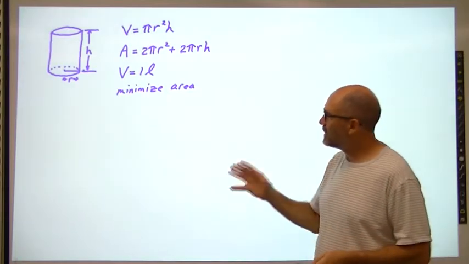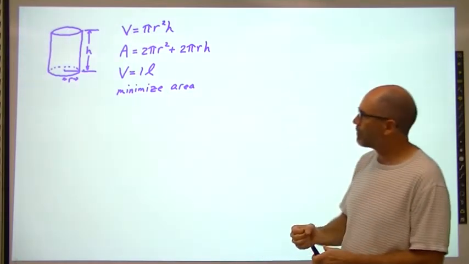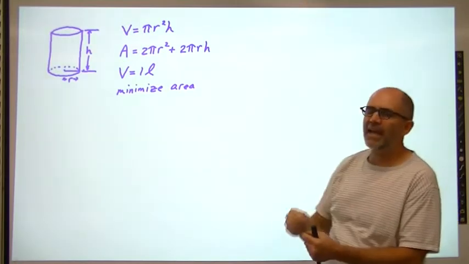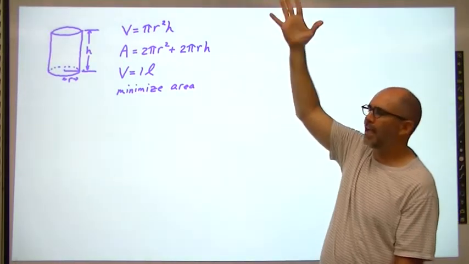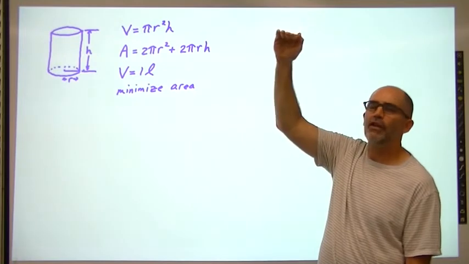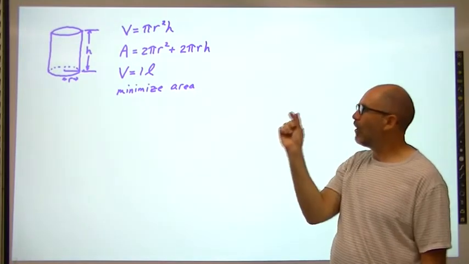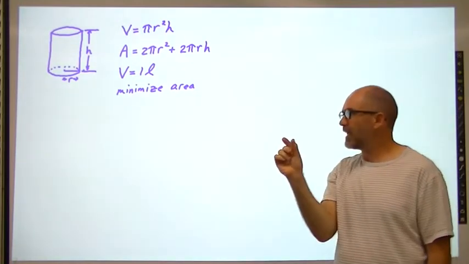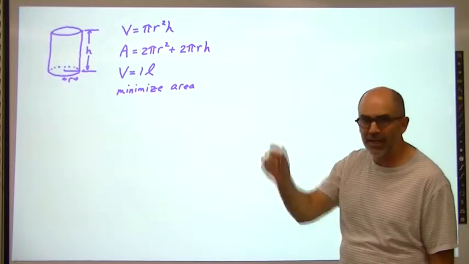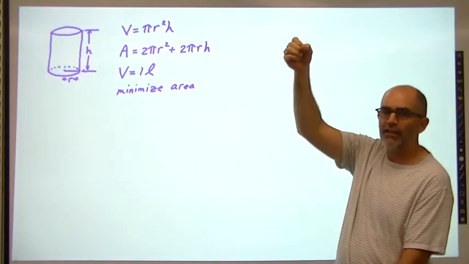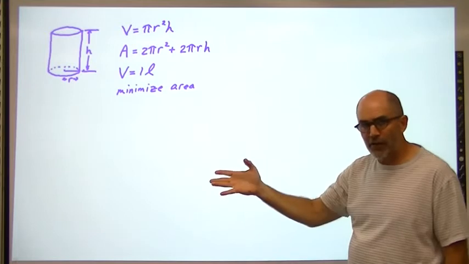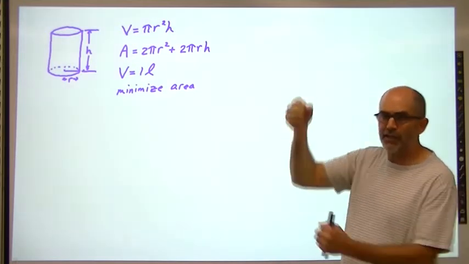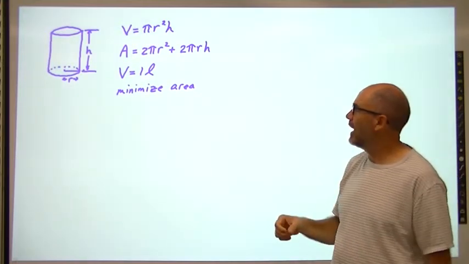Now, let's just say we make it super tall. Like we make H really big. Let's make H like 3 foot tall. And then the radius would be almost like an inch or so. To get 1 liter, it would be tall and thin. Now that's going to take a lot of material to construct it that tall.